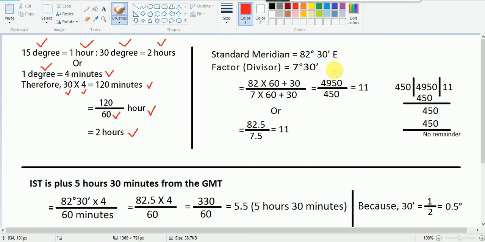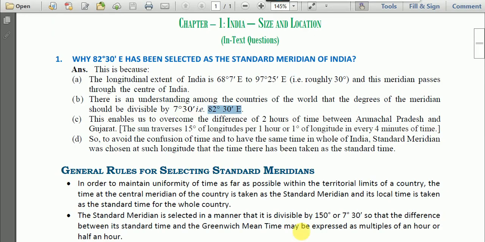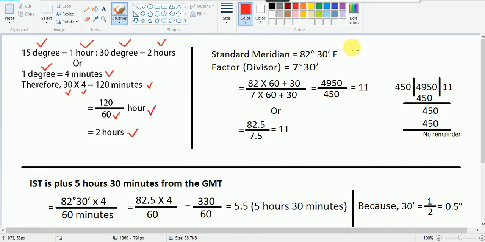And about the second point, it is given here: it should be divisible by 7 degree 30 minutes. Now let us divide it. The standard meridian of India is 82 degree 30 minute east. So this is the standard meridian, and 7 degree 30 minute is the scale factor or the divisor.